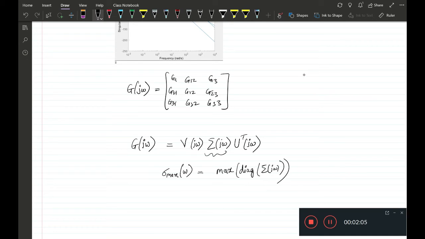Also, for each frequency we get the direction, the input direction corresponding to this maximum singular value and the output direction corresponding to this maximum singular value.